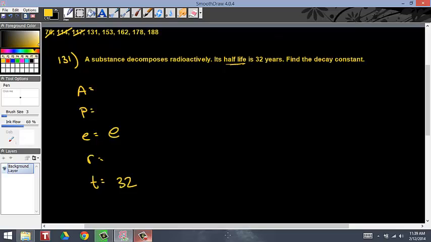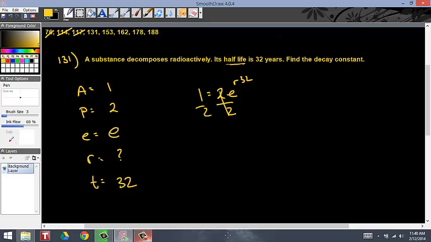If I have 2 particles of radioactive material, I'm going to have 1 by the time it's all over. And R, we're trying to find the decay constant. So this is going to be 1 equals 2e to the R32.